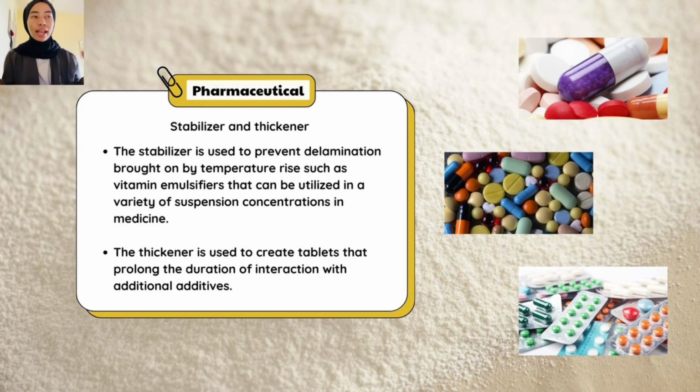To summarize this topic of pharmaceutical, we have stabilizer and thickener. The stabilizer is to prevent delamination that is brought by temperature rise, and the thickener is used to create the tablet that prolongs the duration of interaction with additional additives.